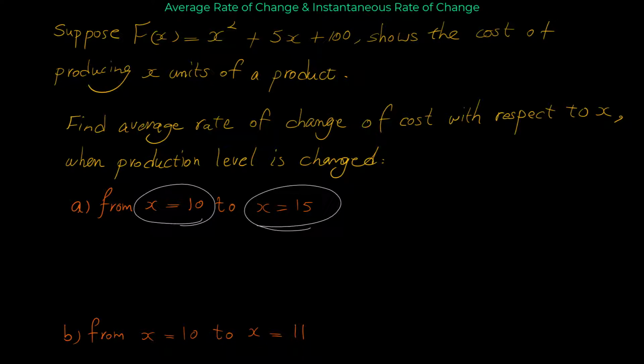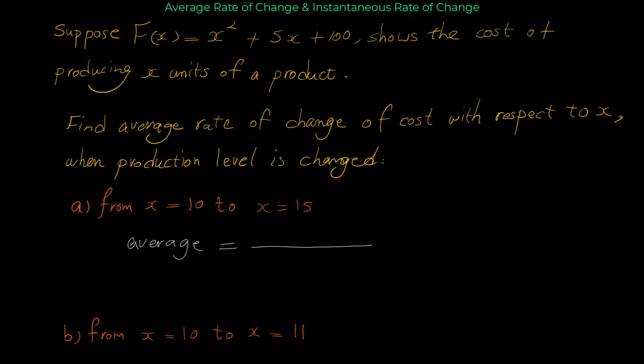So for finding the average rate of change, when x changes from 10 to 15, we have to find f of 15 minus f of 10 over 15 minus 10.